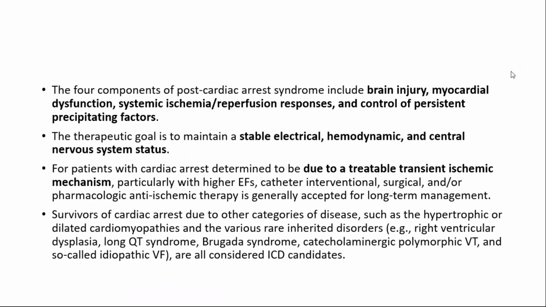There are four components to think of after cardiac arrest: brain injury, myocardial dysfunction, systemic ischemia and reperfusion responses, and control of the persistent precipitating factor. These four things have to be kept in mind.